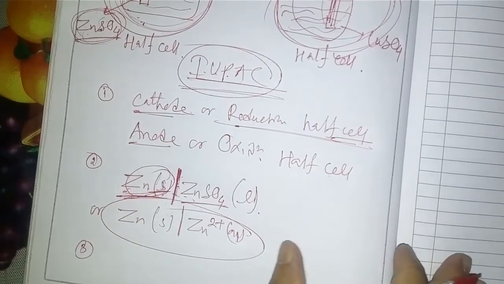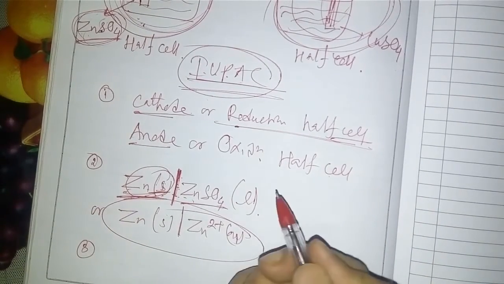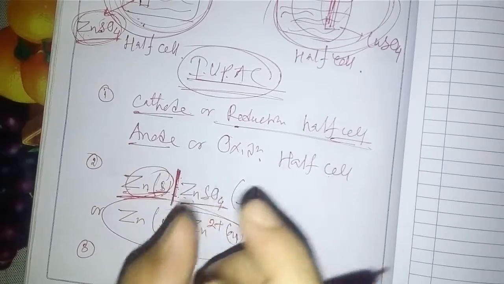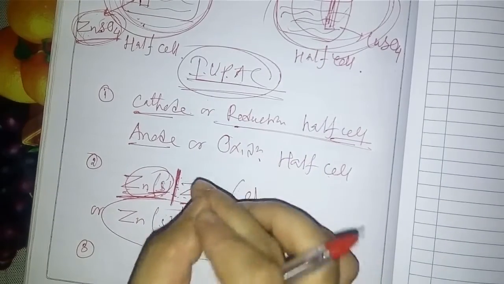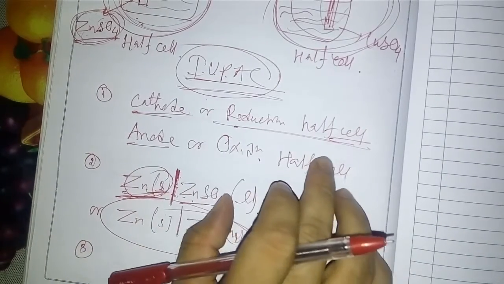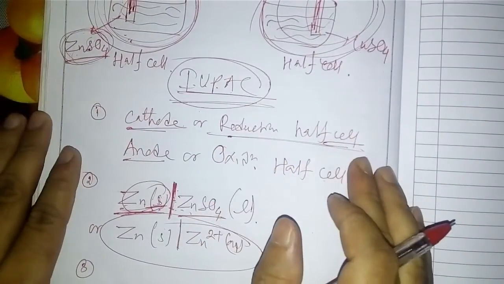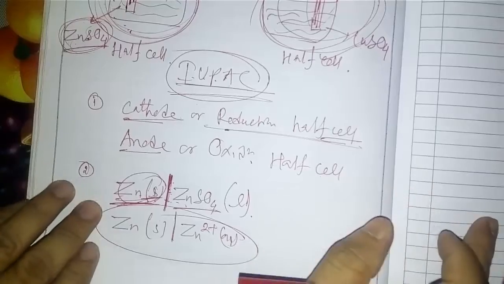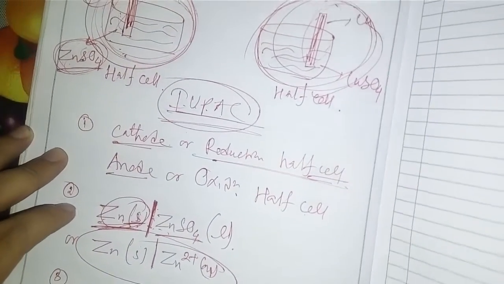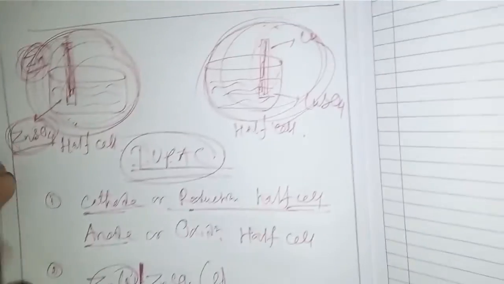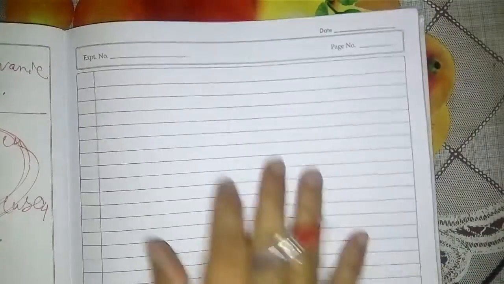Sometimes the symbol or formula of the ion which participates in the electrode reaction is written instead of the formula of the electrolyte. You can write it like this also.